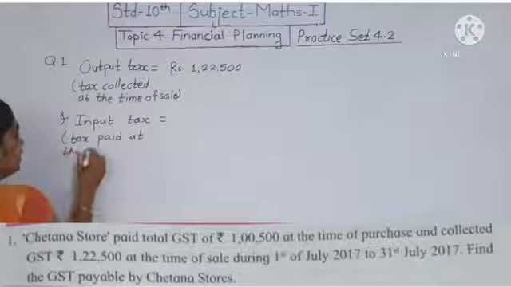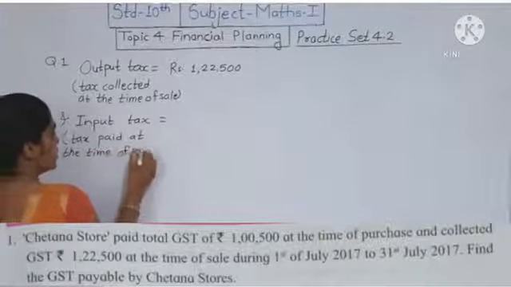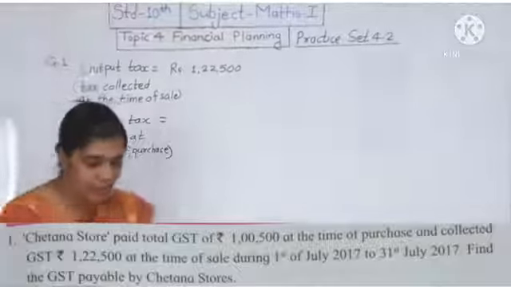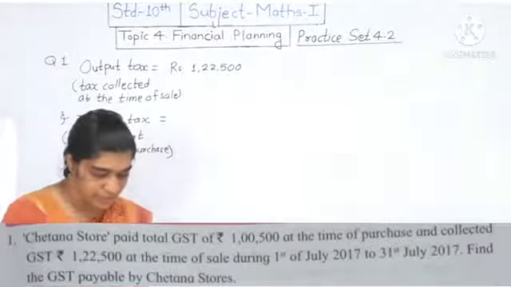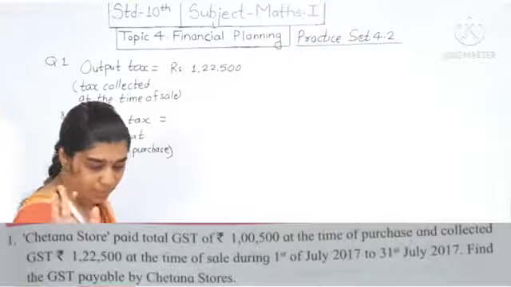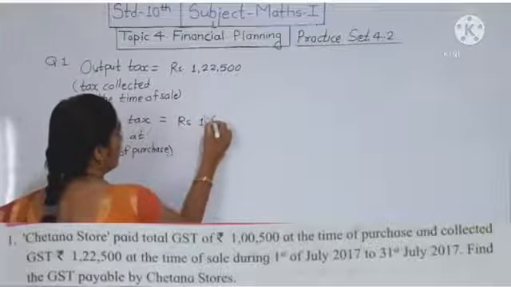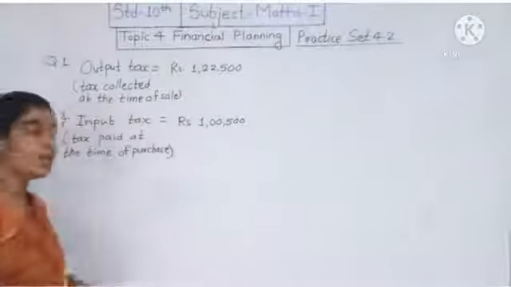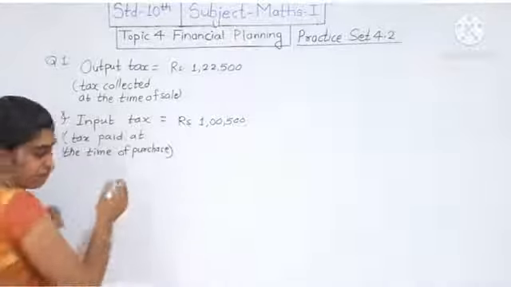At the time of purchase, the tax paid is rupees 1,05,000. Okay, so we have to find GST payable by Chetna Store.